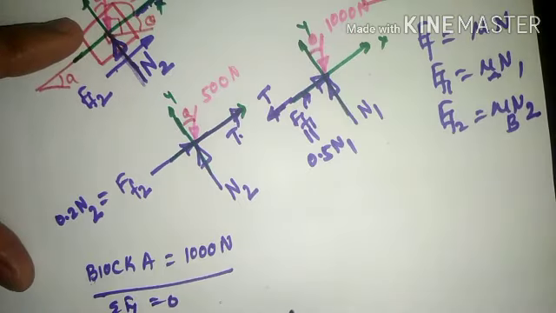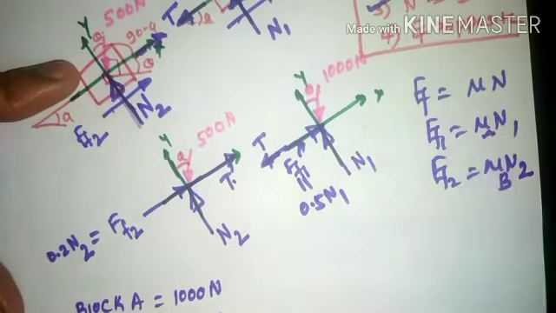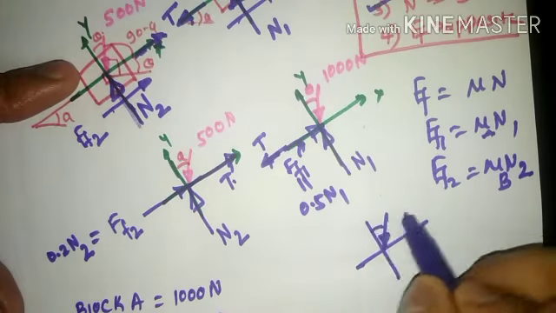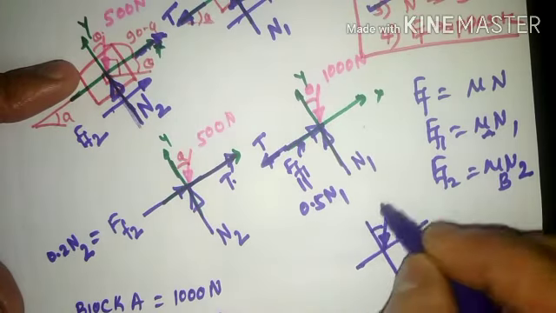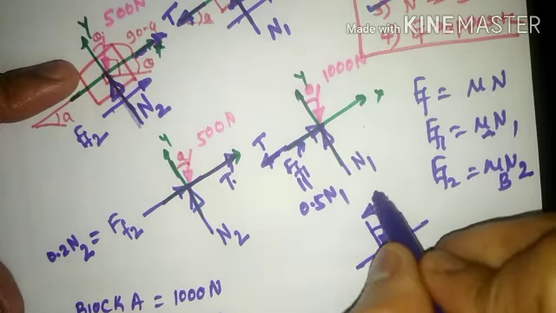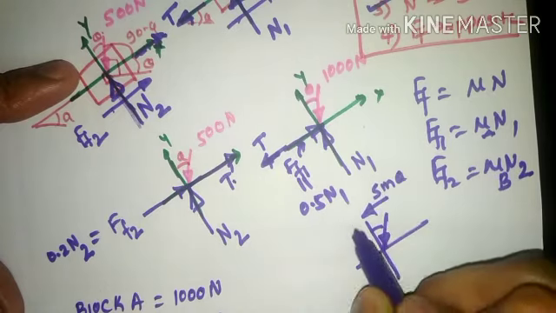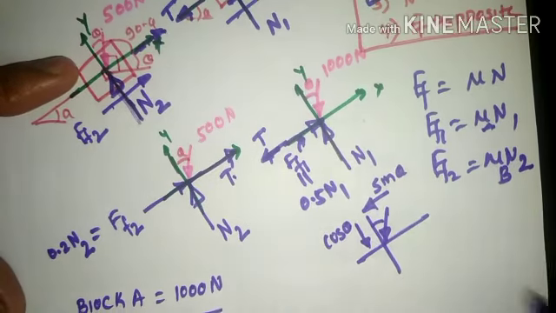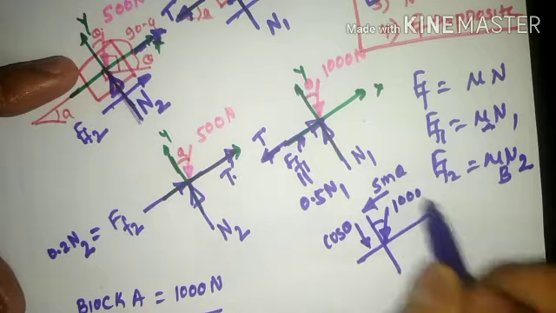The 1000 Newton force will be resolved along the vertical and horizontal directions. If this is theta, this particular inclination will be sine of theta, and here the inclination will be cos of theta. And the self-weight of this particular block is 1000.